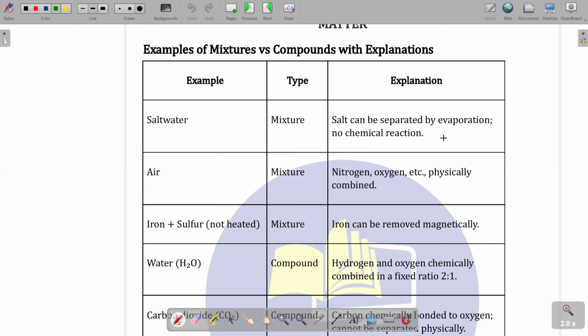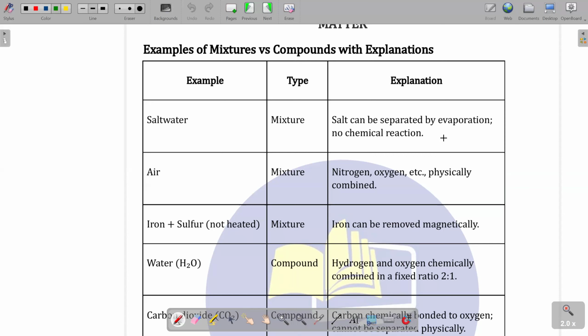As we have said, salt water is a mixture of salt and water, and it can be separated by just evaporating the water, and you can get back your salt. So the combination of the salt and water is a physical combination, not a chemical combination or chemical reaction.